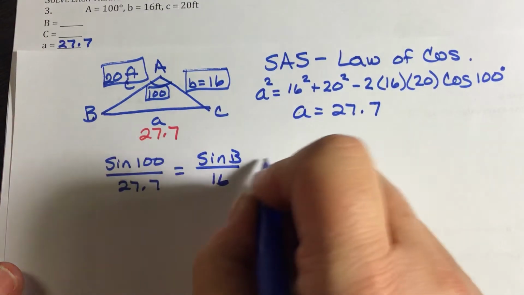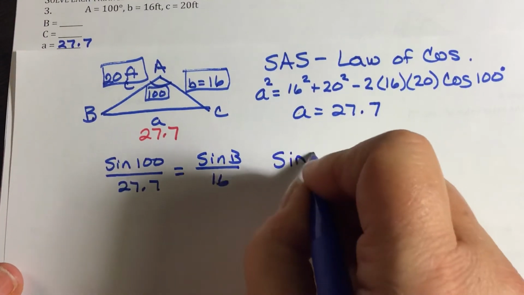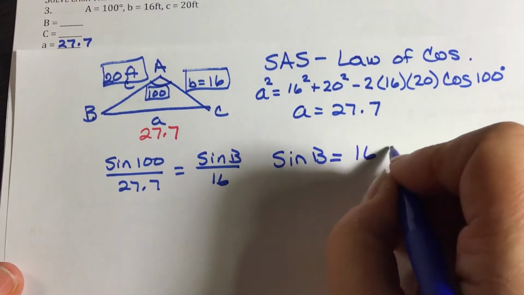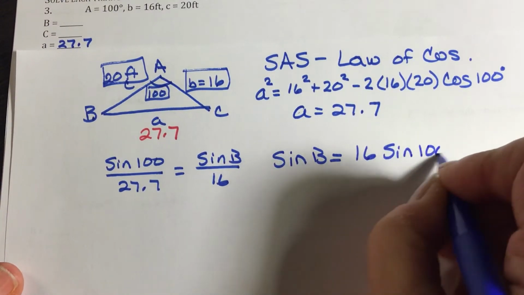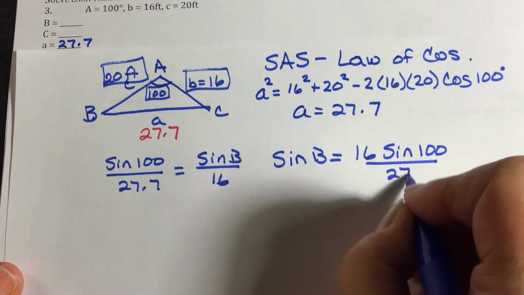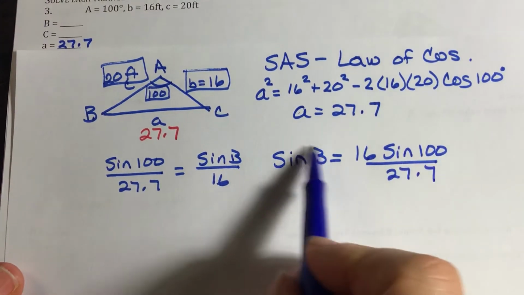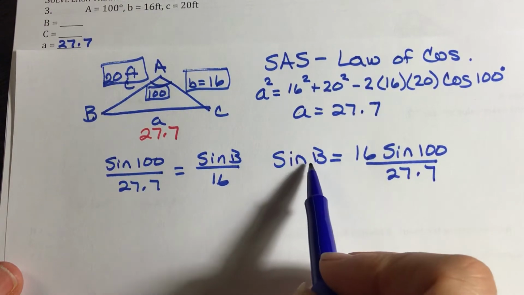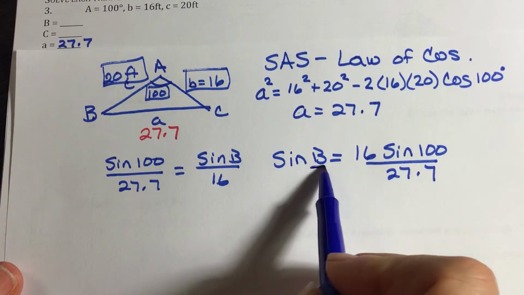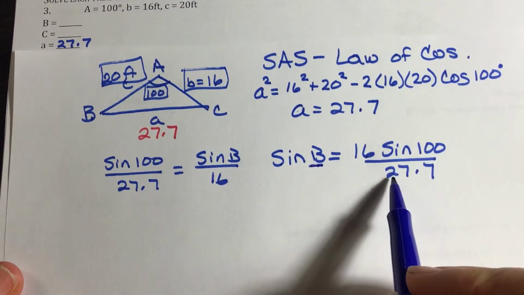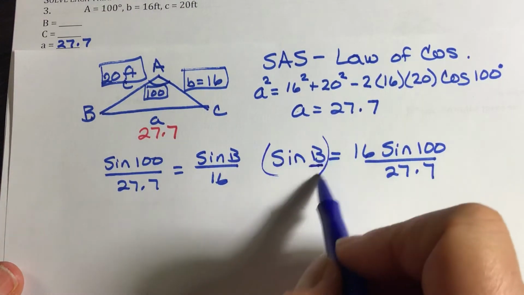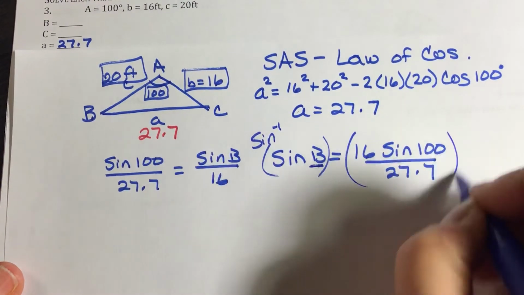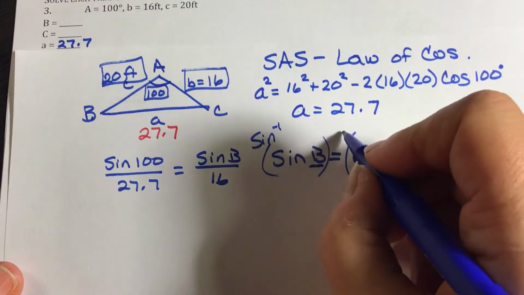So I have sine B is 16 sine 100 over 27.7. To undo sine B so that I can find out what angle has a sine of this value, I'm going to do inverse sine on both sides of the equal sign.